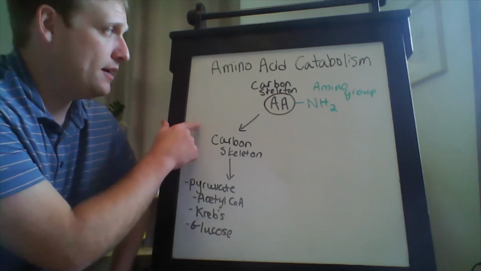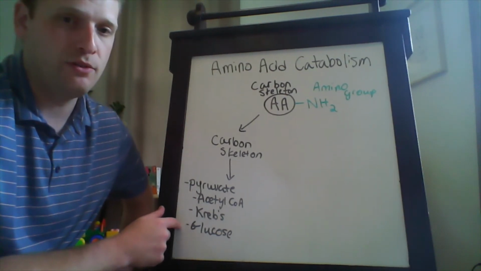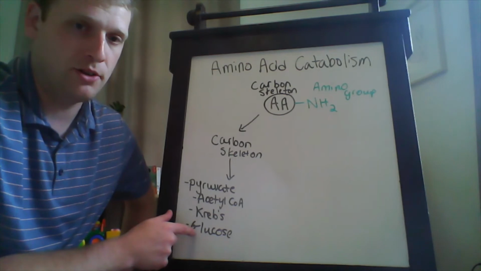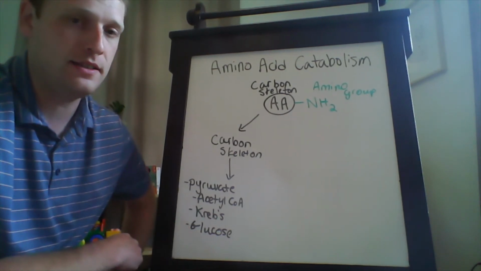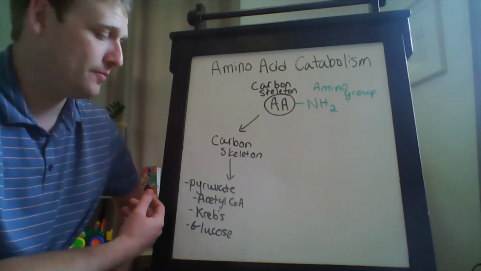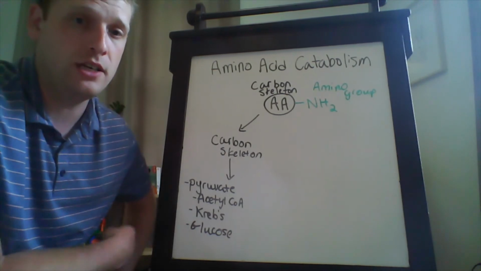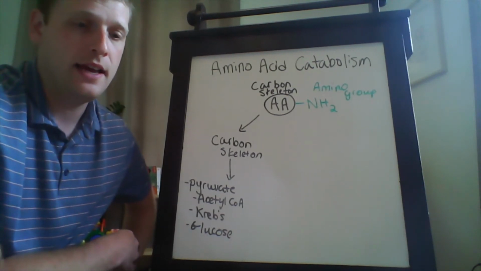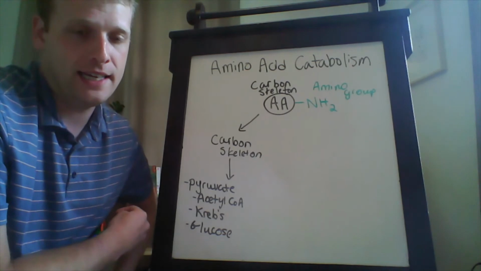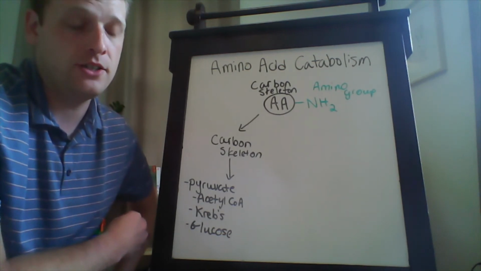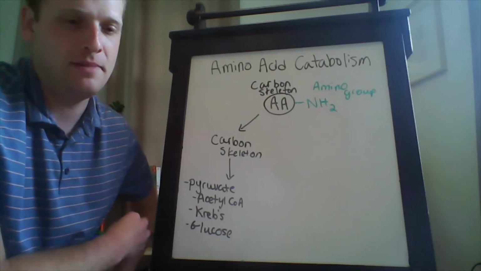So they can be catabolized into a form where new glucose can be produced from those amino acids. And we would call an amino acid that can be turned into glucose a glucogenic amino acid.